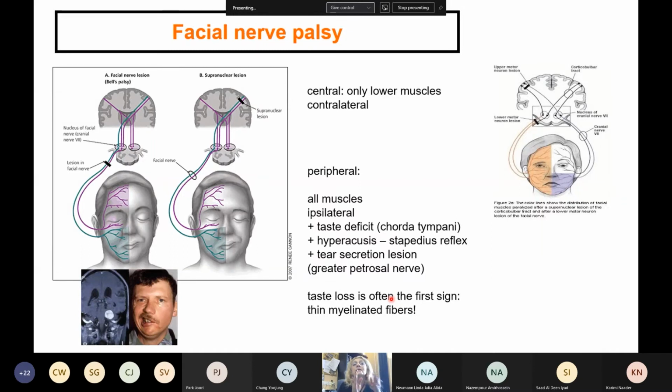Of course, you could say, yeah, but the other side of the tongue and the back of the tongue are still okay. Yes, but you still notice if half of the tongue's taste is gone. And many times, the chorda tympani is the first nerve affected in a peripheral palsy. In central palsy, you don't have these, because the corticonuclear tract only affects the muscle, not the other functions.